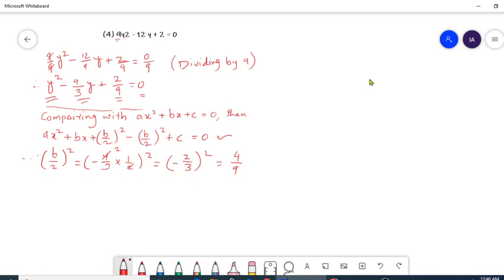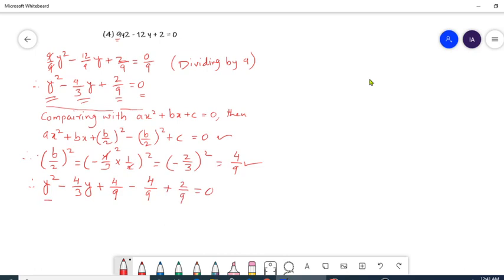What I can do is add this (b by 2) whole square to my original equation, once added and once subtracted. So this can be written as y square minus 4 by 3 y plus 4 by 9, that is (b by 2) whole square, minus 4 by 9, (b by 2) whole square, plus c, plus 2 by 9 is equal to 0.